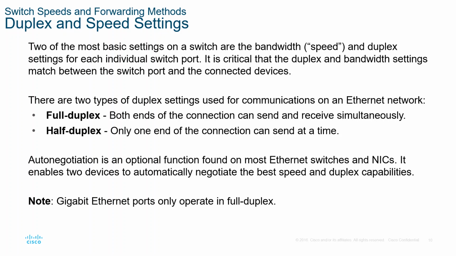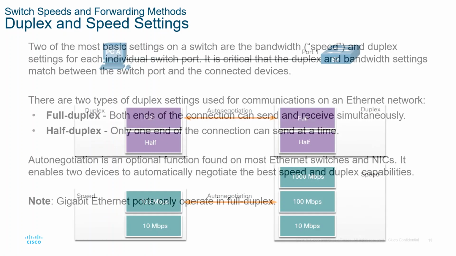Auto negotiation is an optional feature found on most switches and network cards. It enables two devices with different duplex and speed settings to negotiate the best speed and duplex capabilities. If the port is a gigabit Ethernet port, it can only operate in full duplex. But if it is a fast Ethernet port, it can operate in both half duplex and full duplex.